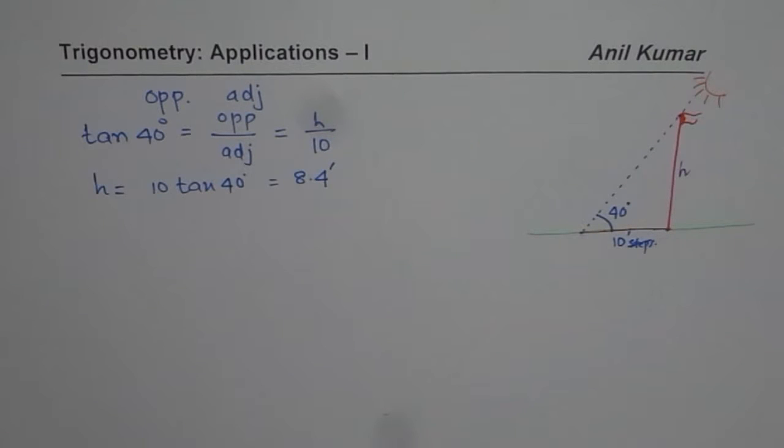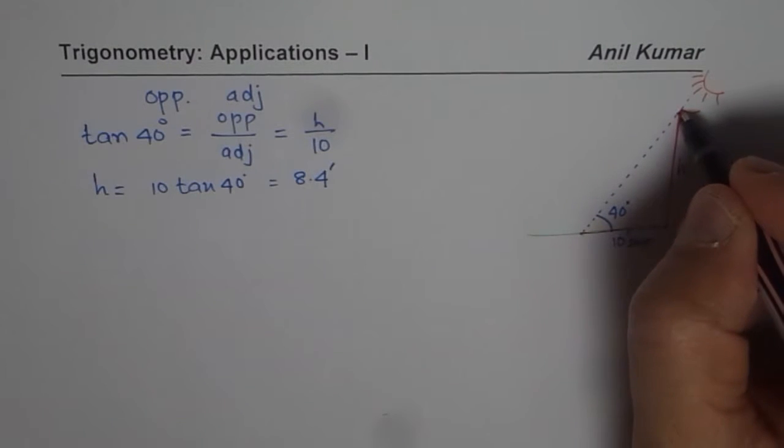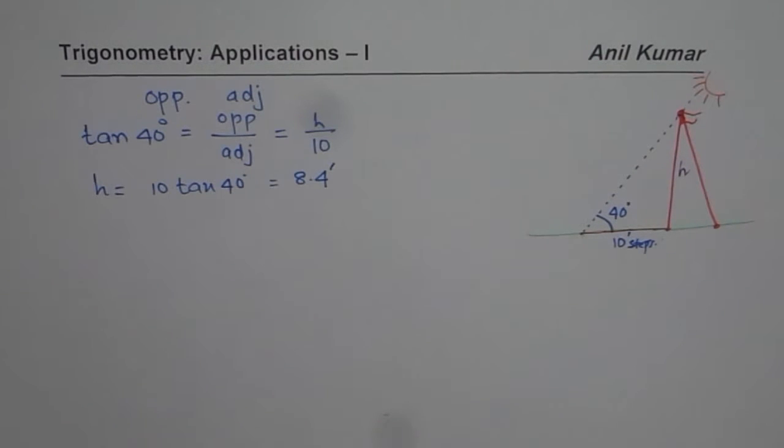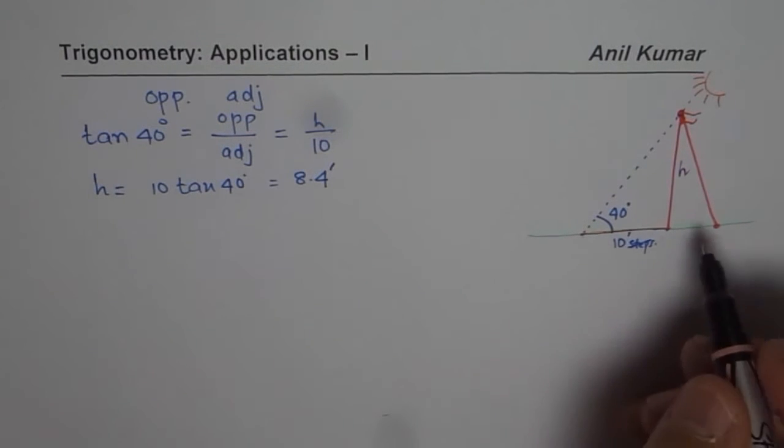So what we know here is the height. Now the idea is that there is a lot of wind, so what we decide is to provide a support to our flag. So let us say we provided support to our flag, and the support is here.